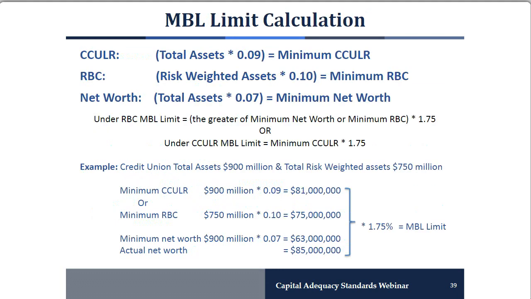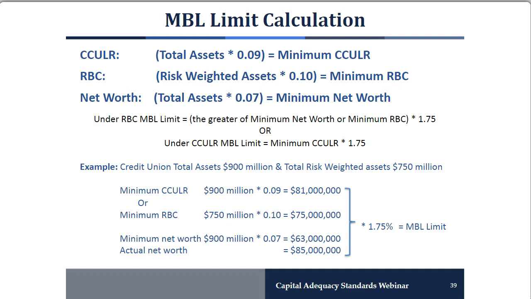Let's look at the MBL limit this way. First, we need to know which capital framework is governing the credit union. Has the credit union opted into CULR? When we can determine the minimum capital level necessary to be well capitalized under the capital framework, the greater of the two will be multiplied by 1.75 to determine the possible MBL limit.